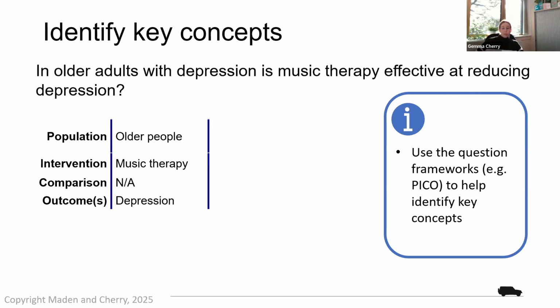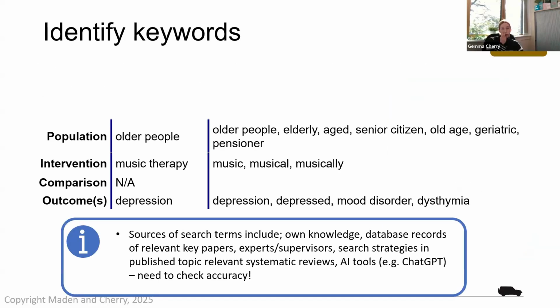So we're going to use this as a worked example to illustrate how we may use our PICO framework to identify key concepts. So what you want to be doing here is thinking about the different ways that authors or producers of evidence may refer to the concepts that you're interested in.